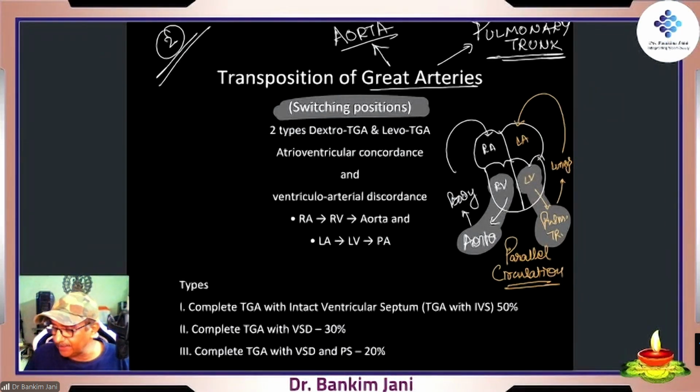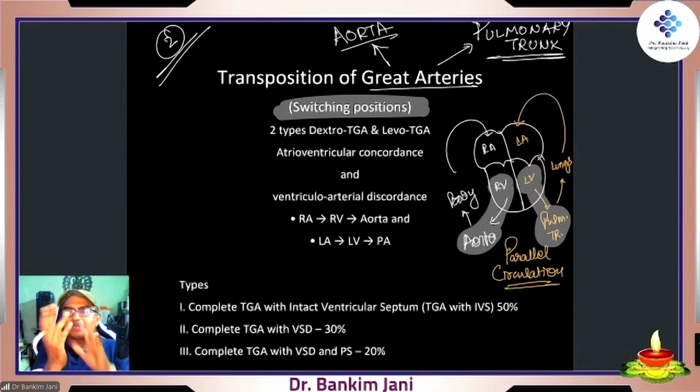Now, if I ask the reason why this should occur, it is simply because the rotation did not occur. The truncus arteriosus develops a septum, and this will develop the pulmonary trunk and this the aorta. But as they develop, it rotates, so that the aorta goes out of the left ventricle and this is the pulmonary trunk.